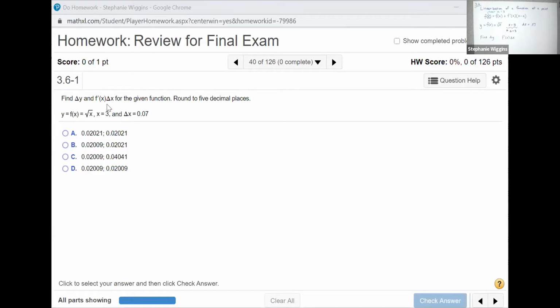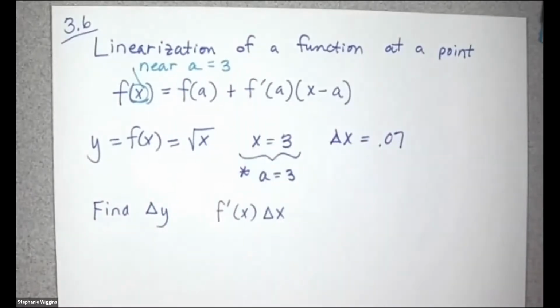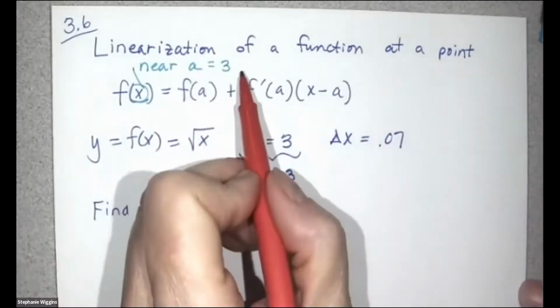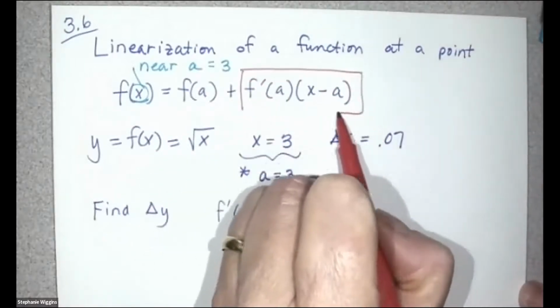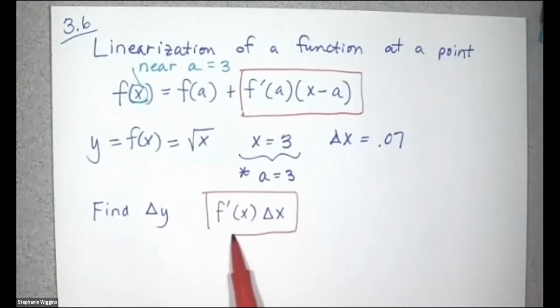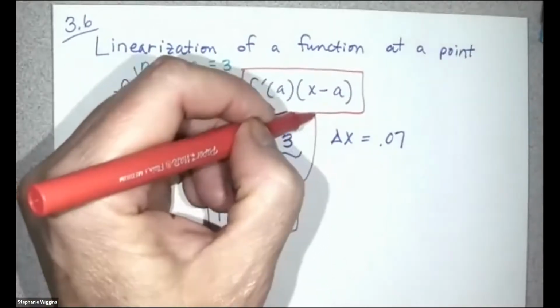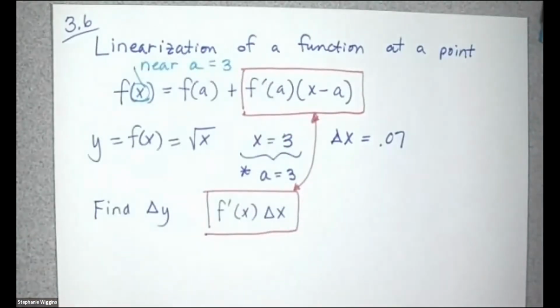See this piece where it says f prime of x delta x? That corresponds to this piece right here. I should probably change the way I teach this in the future. I've always used this formula, but the textbook's piece right here corresponds in my formula to f prime of a, x minus a.